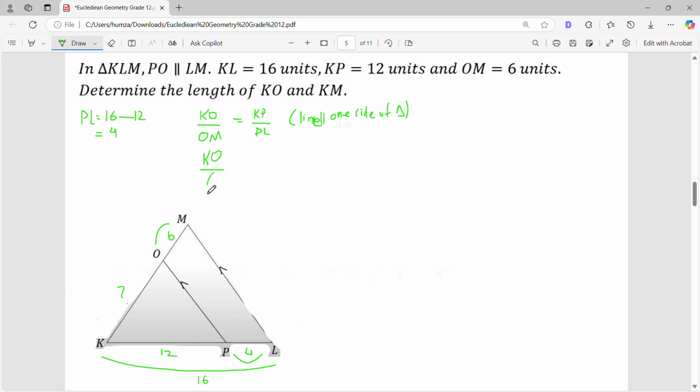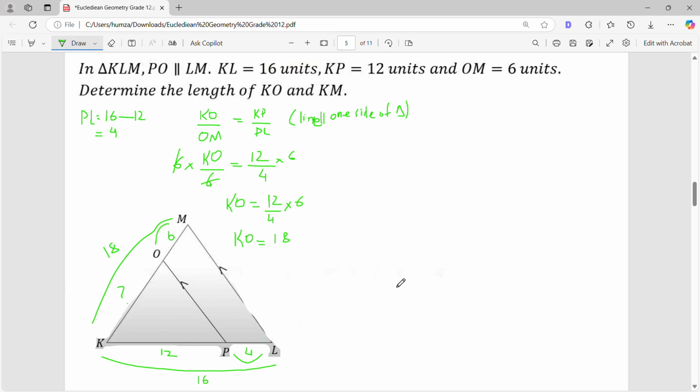So KO over 6 equals 12 over 4, just substituting the values in. Then we multiply the left and right sides by 6, we cancel this out, and KO is 18.